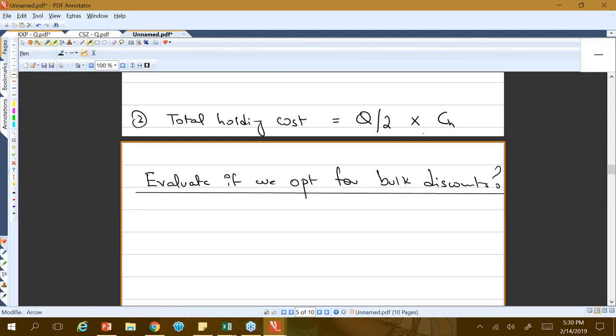So first of all, we need to understand this. Bulk discounts are the discounts given for ordering a specific quantity. So discount given for ordering a specific quantity.